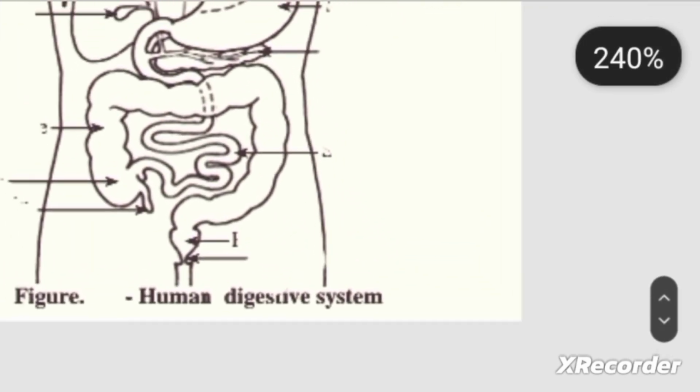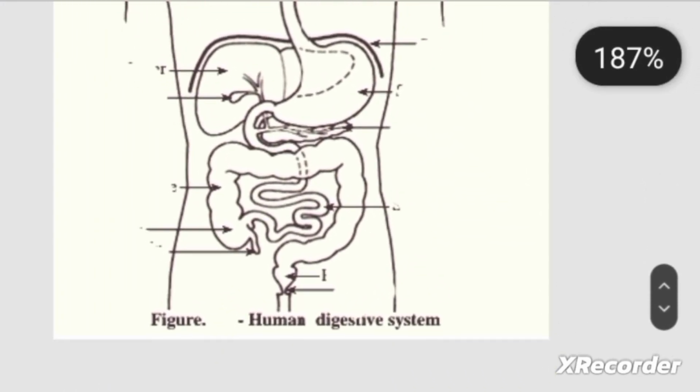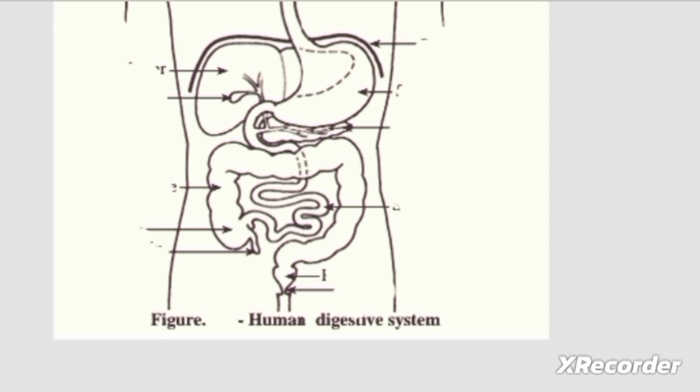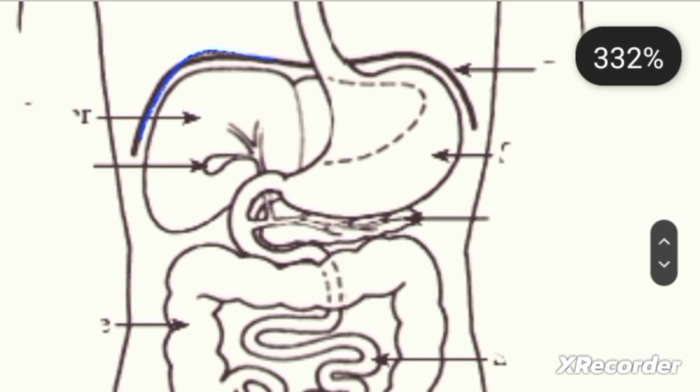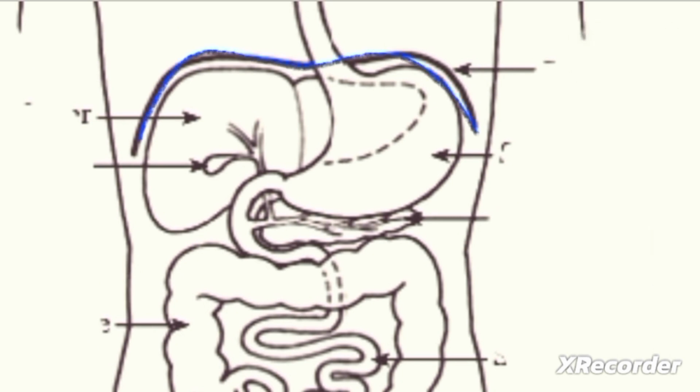Then we have to label this muscle. I'll show it to you, this one, which separates the thoracic cavity from the abdominal cavity. දන්නවා මෙන්න මේ මාංශපේශීන් තමයි අපේ උරස් කුහරය සහ උදර කුහරය වෙන් කරන්නේ. උරස් කුහරය thoracic cavity, උදර කුහරය abdominal cavity.